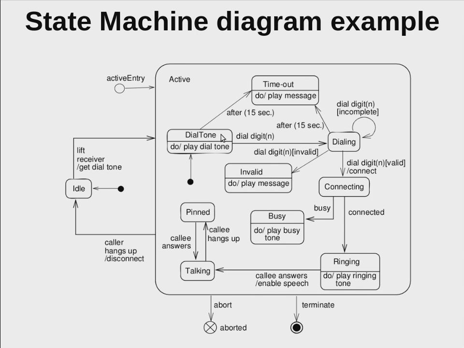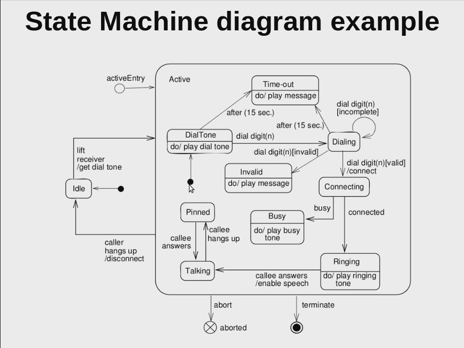And on top you write what the state is. If you like, you may say what the pre and post conditions are to enter and exit this state. And then with these directed lines you say how the state can be changed from one to another, and you can also describe what kind of event is causing the change of state.